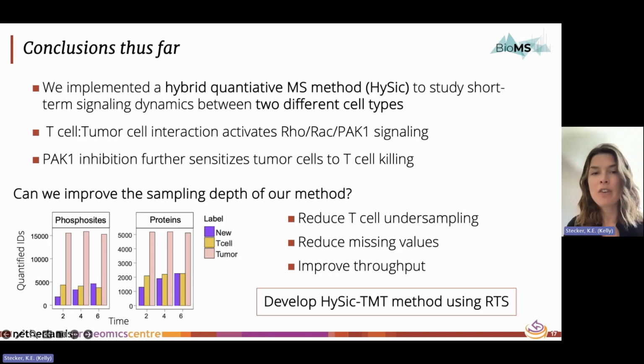So to achieve all of these goals, we turned to a high-seq TMT approach, where we use real-time searching to enable the selection of our target cell types. And I'm going to walk you through this method.